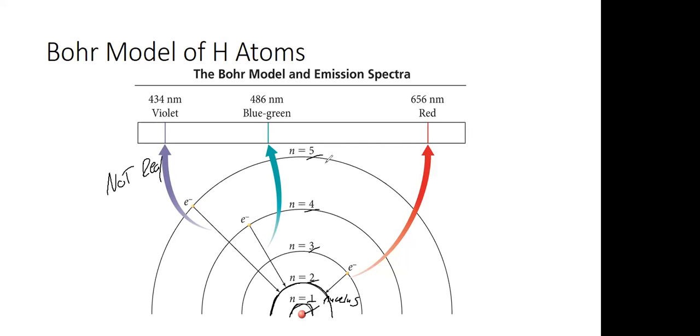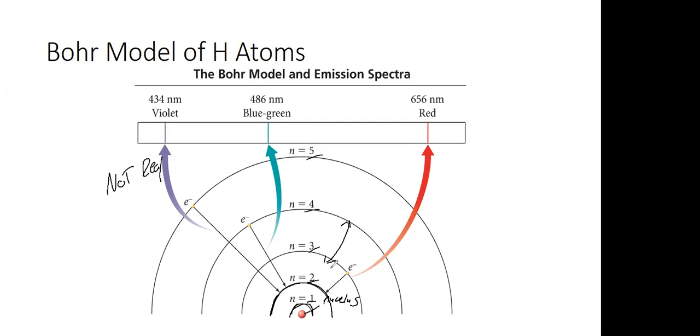And what the Bohr model shows us is that to get to different energy levels, if I want to go from 3 to 4 for example, I need some amount of energy. And then when I leave that level, I give that energy back in the form of light.